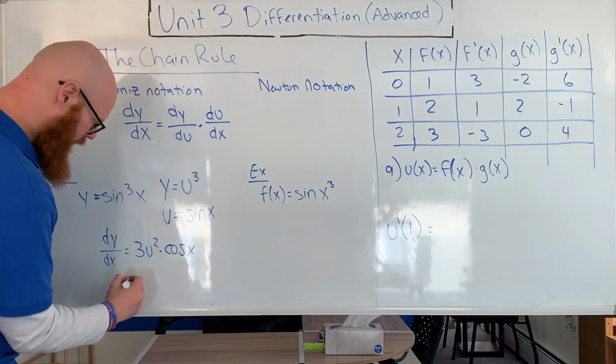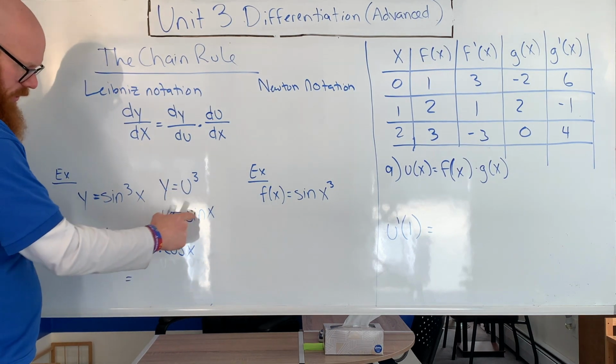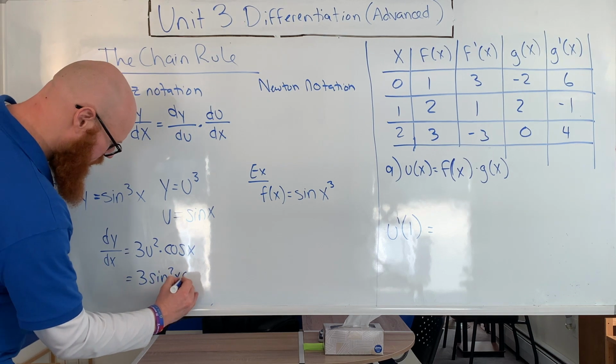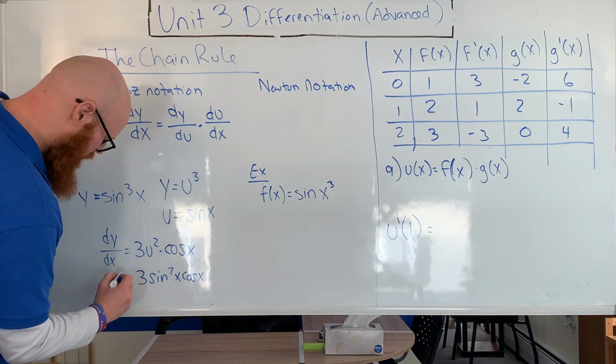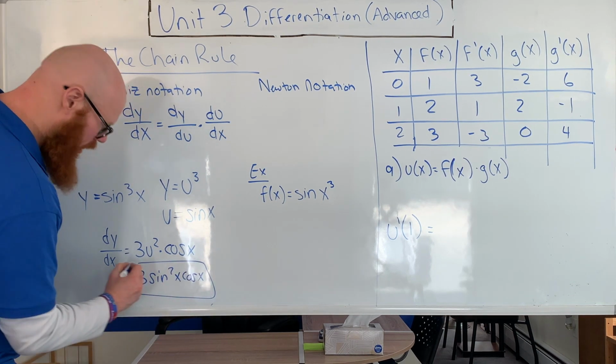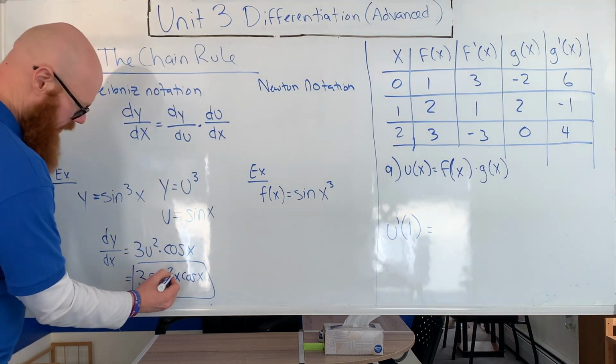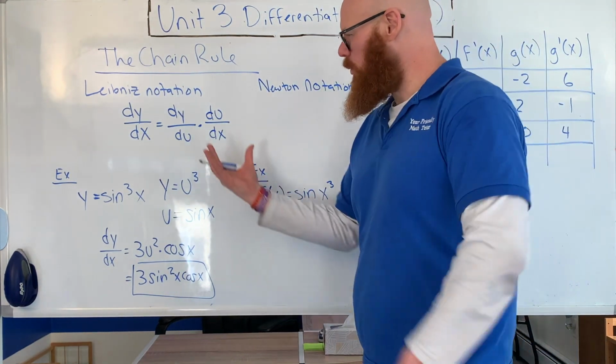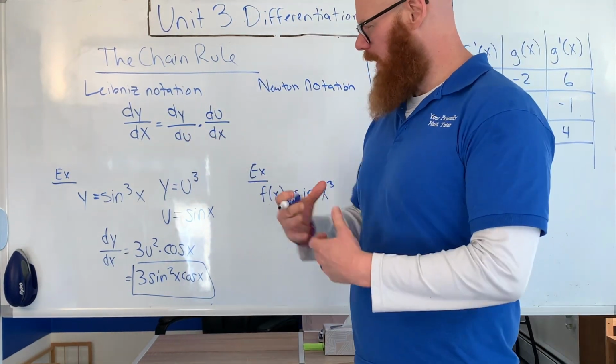And then finally, we know that u is really equal to sine x. So this is 3 sine squared x times cosine x. That would be our derivative and how the chain rule works. That's actually what's going on in the calculus.